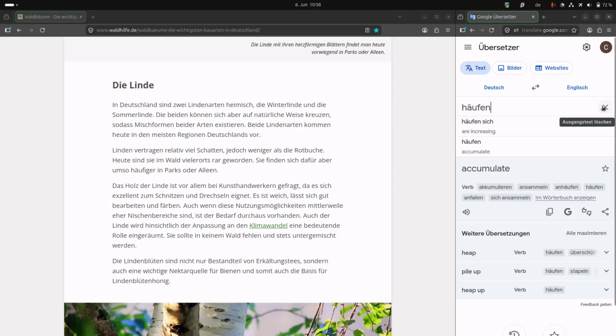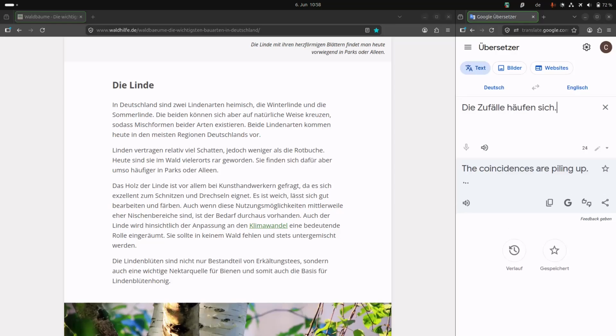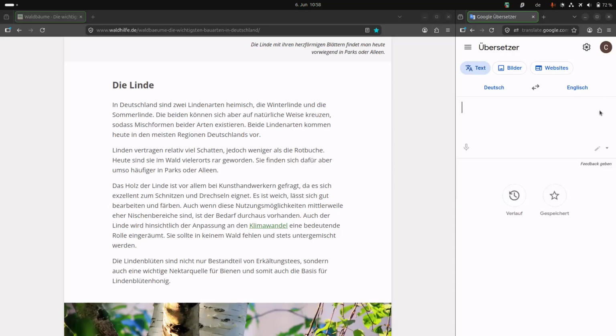And for example, sich häufen is in terms of circumstances or occurrences of something, die Zufälle häufen sich, for example. The coincidences are piling up. And häufiger, this derives from that.